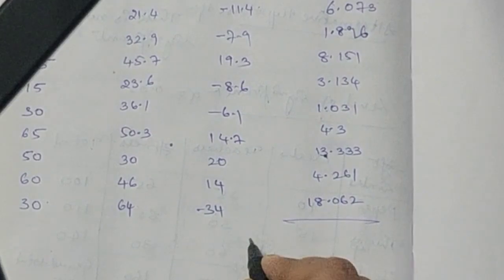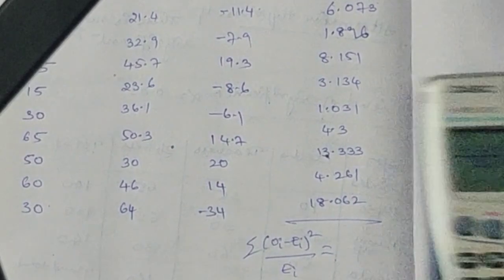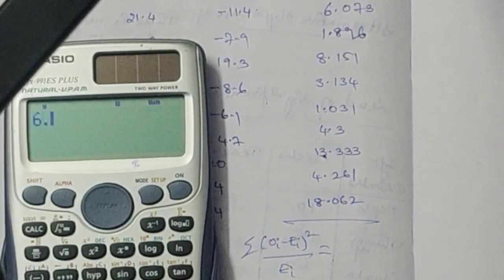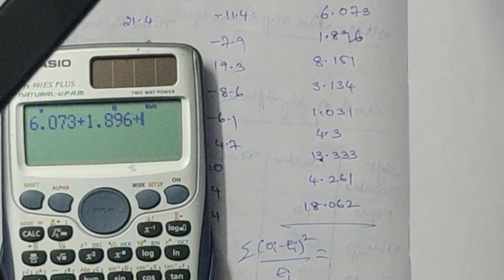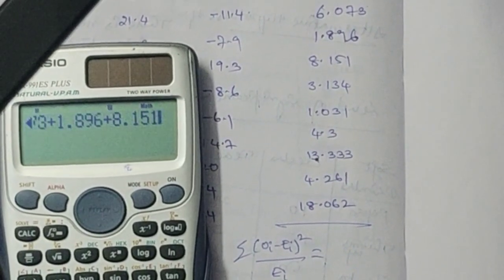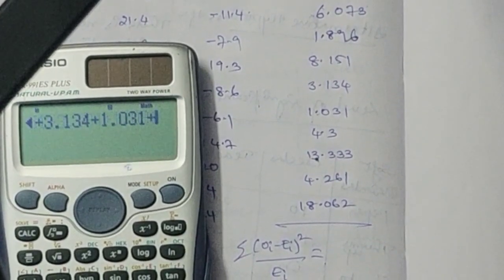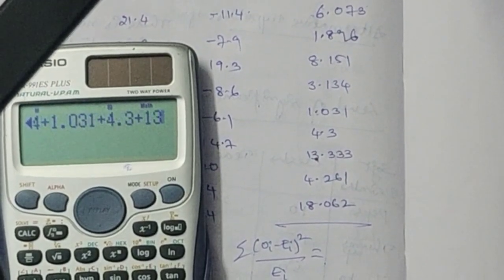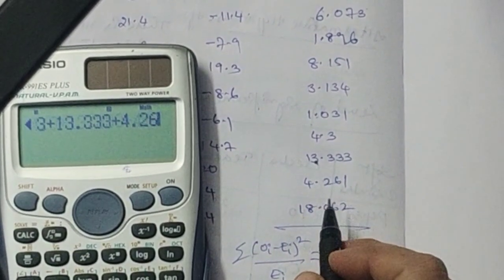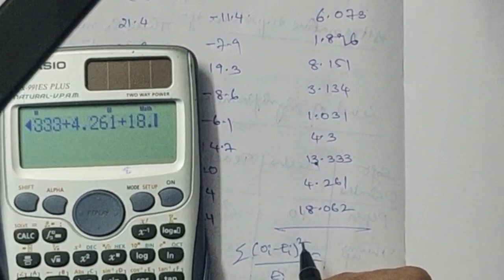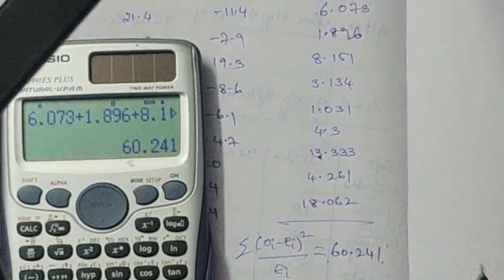The summation of OI minus EI of whole square divided by EI, which is equal to 6.073 plus 1.896 plus 8.151 plus 3.134 plus 1.031 plus 4.3 plus 13.333 plus 4.261 plus 18.062, which is equal to 60.241. It is very high, maybe it is going to be rejected.